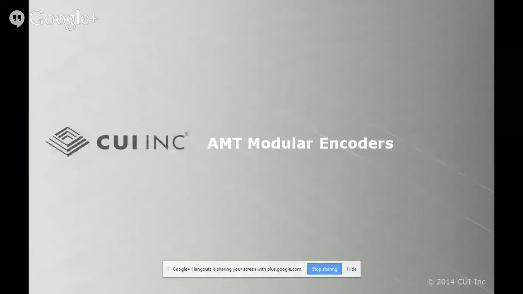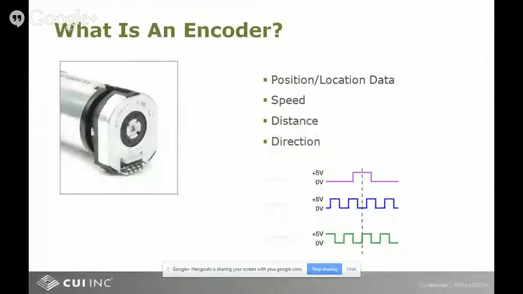All right. So to start off, we'll just talk about what is an encoder. Most people tuning in probably know what an encoder is, so I'll just go over that quickly. An encoder is something that goes generally on the back of a motor or on any shaft that rotates, and it's going to provide information on location, position data, speed, distance, direction.